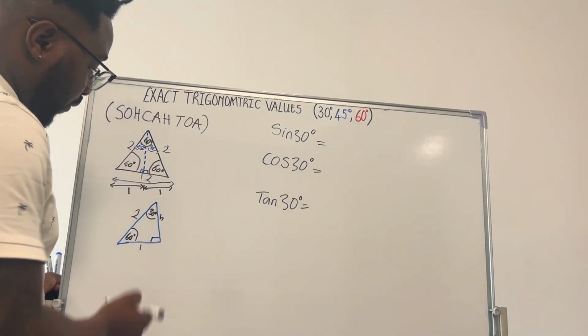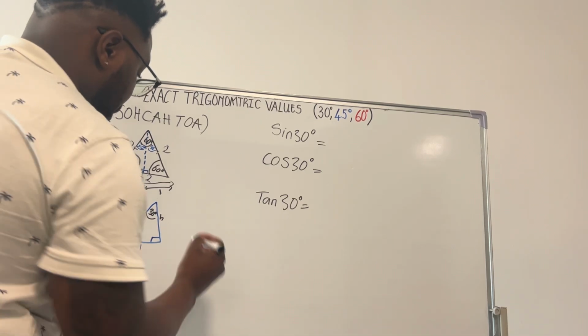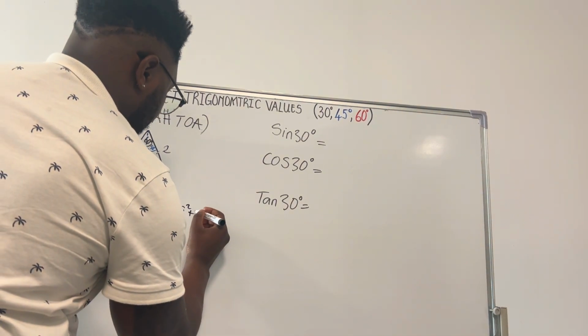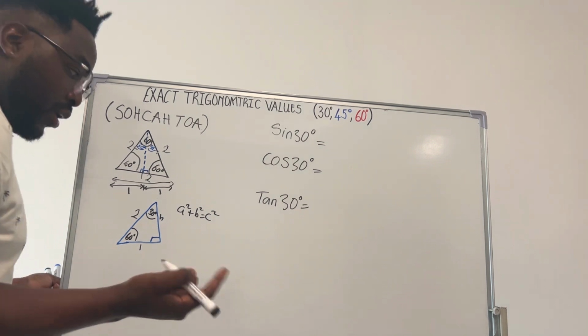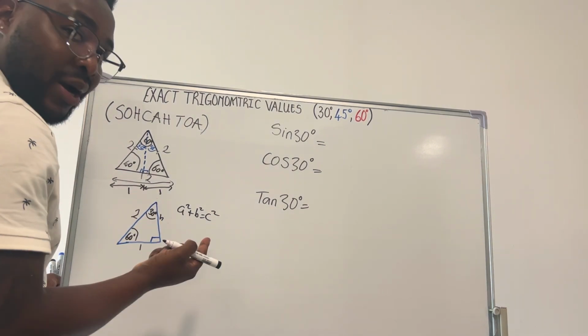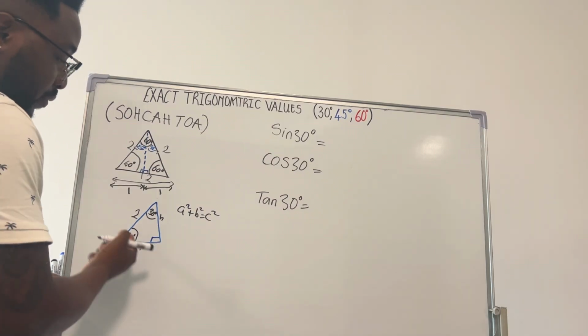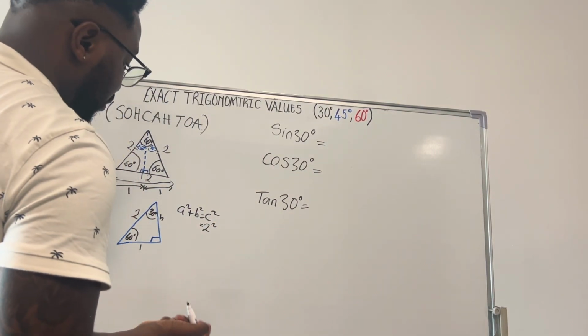And for us to find this height, we use our Pythagoras theorem, right? So a squared plus b squared equal to c squared. And we know that the longest part, which is opposite the right angle, is our hypotenuse, right?